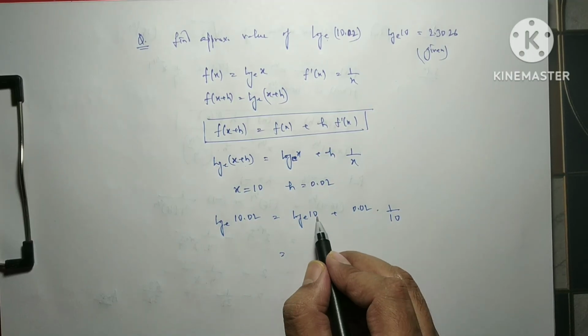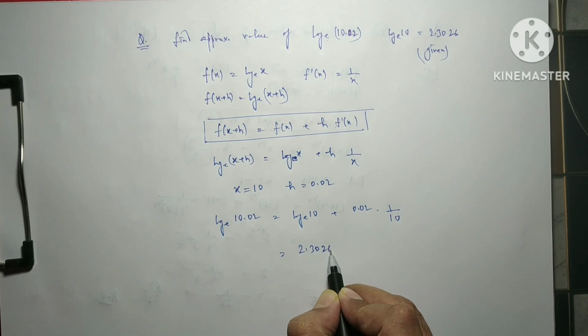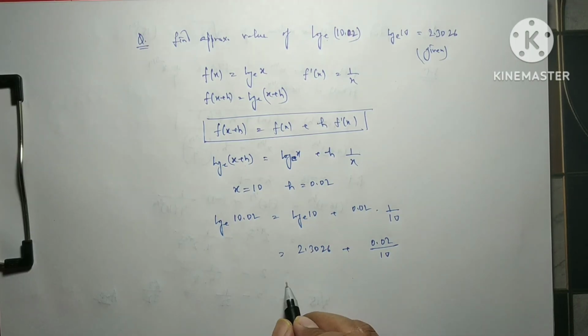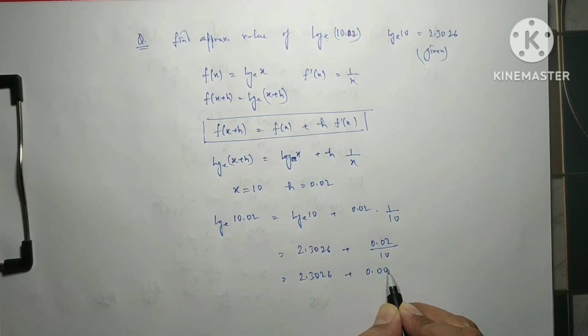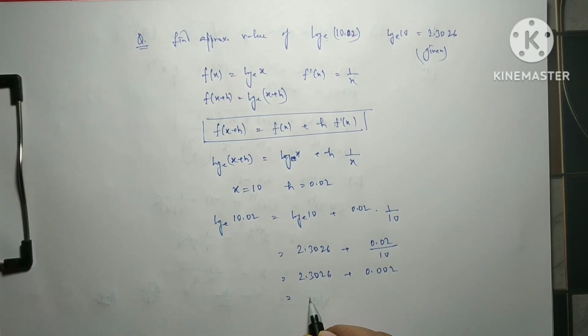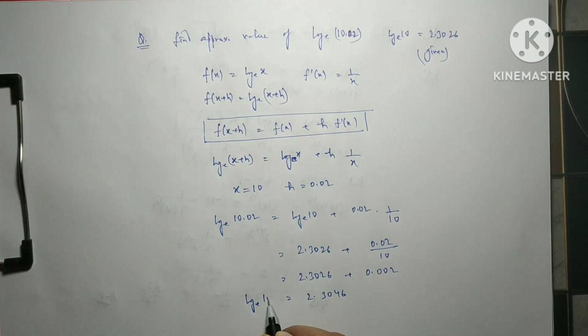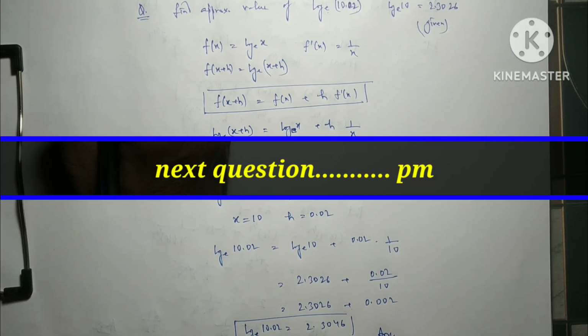So the value of log 10 is given, 2.3026, and this is 0.02 divided by 10, so we get 2.3026 plus 0.002. So add this, we get 2.3046. So this is the value of log 10.02. This is your answer. Next question.